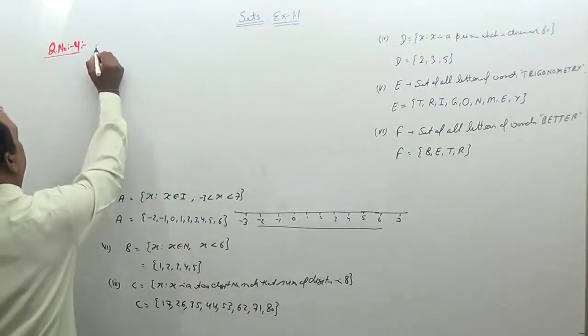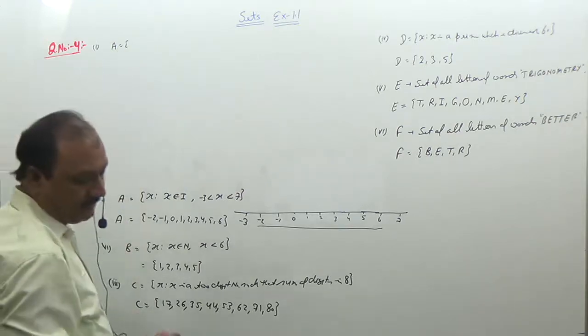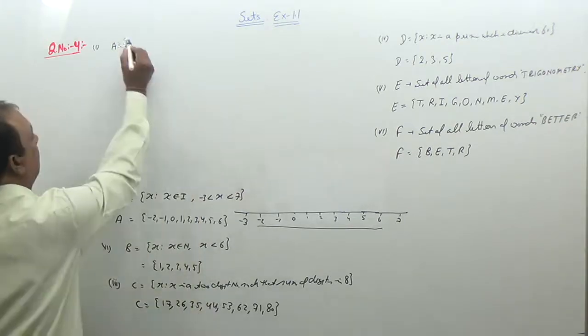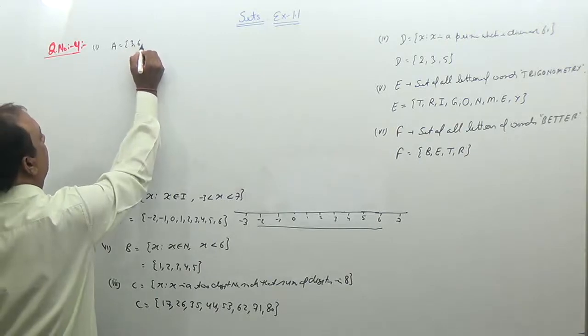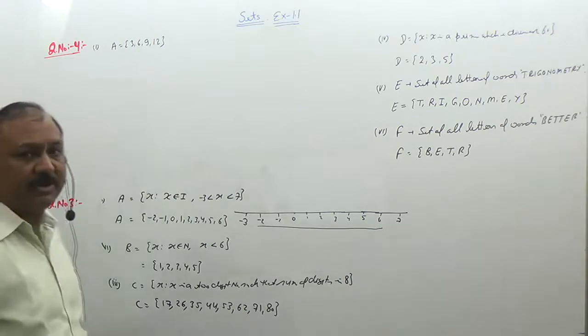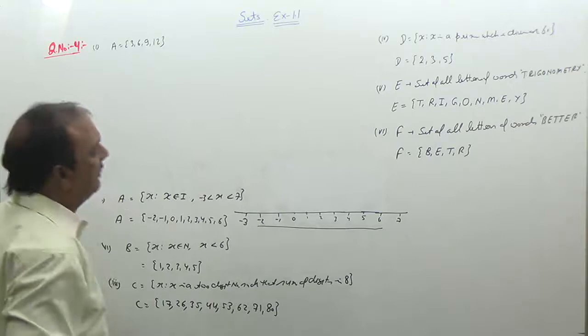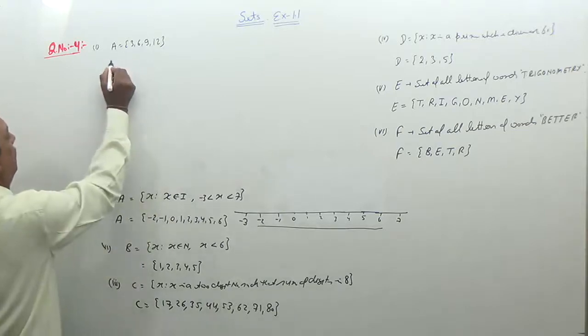Question number 4, first part. There is a set of elements 3, 6, 9, 12. This one is the roster form. We want to write down this set in the set builder form.